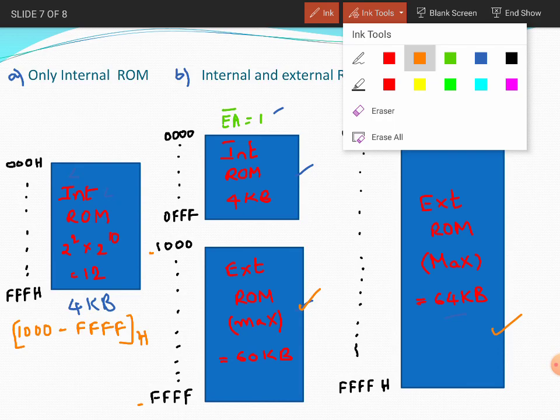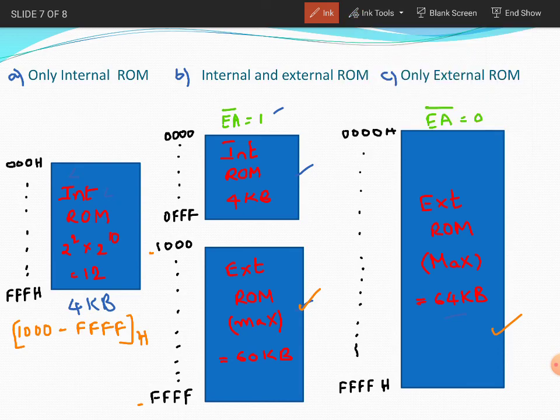But now if I have an address like 0200H, this address may be there in the second case or in the third case, both in cases B and C. How do we distinguish whether it is in case B or case C?